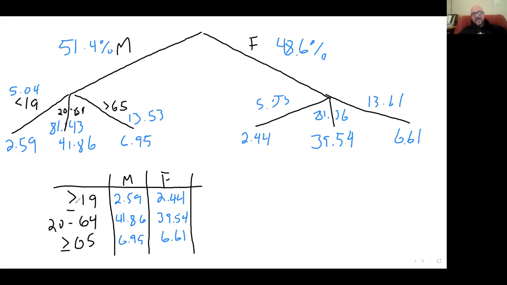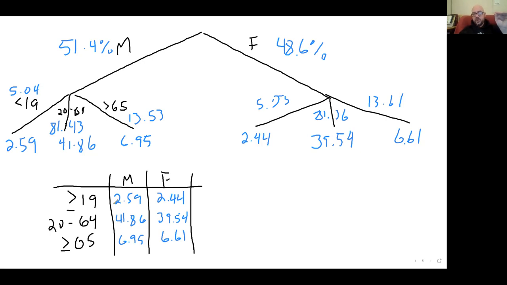So they want gender versus age group in a contingency table, but if we had 10,000 drivers. So all you want to do is move the decimal place 2 to the right in each of these cases. 2.59% is 0.0259.